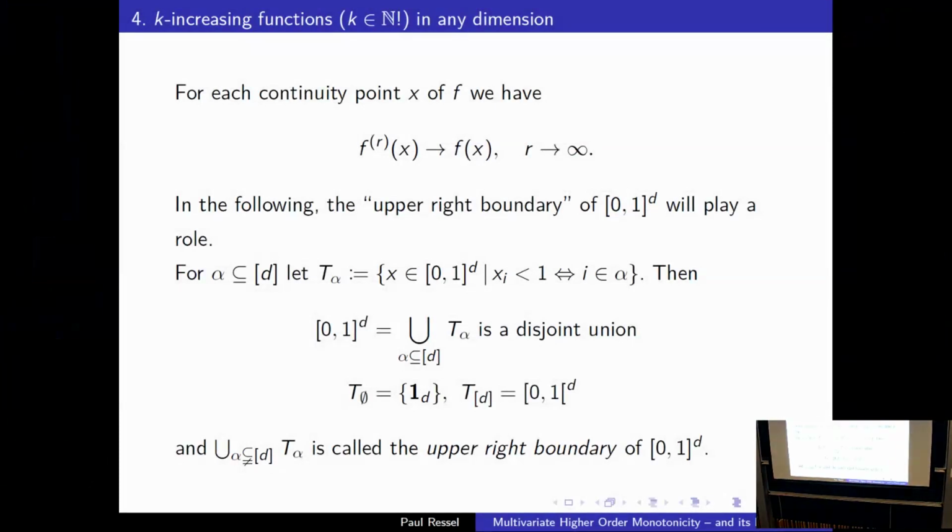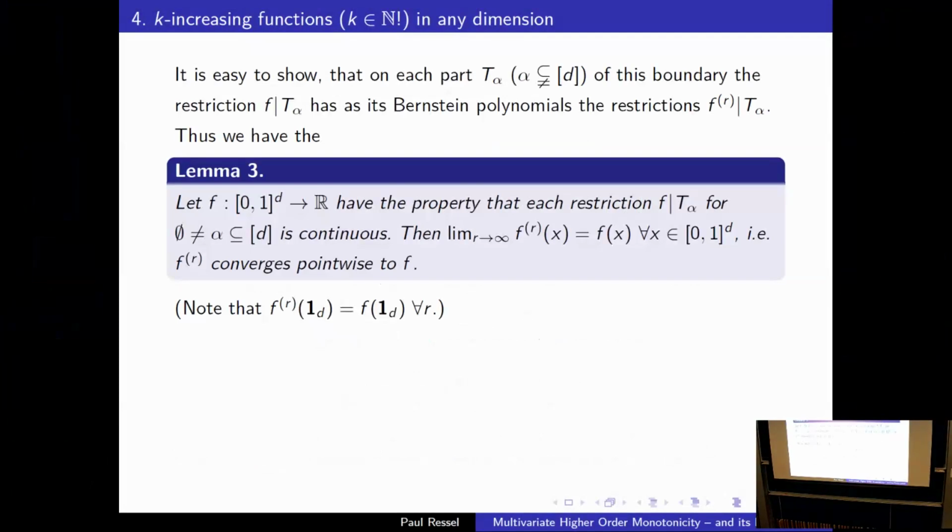And why is this important here? Well, it is easy to show that on each part of this boundary as just defined, the restriction of the function has as its Bernstein polynomials the restrictions of the original ones to this set. This is important because now we have the following lemma.